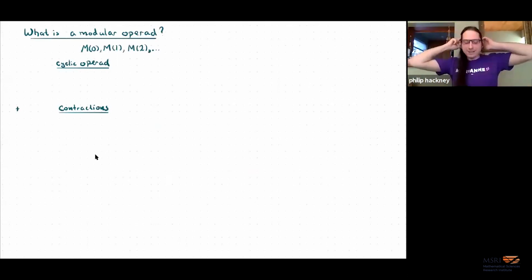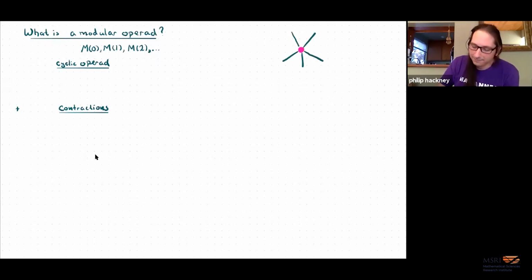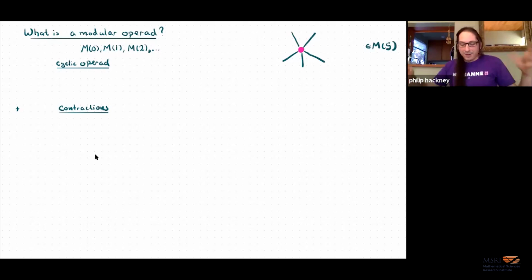Okay, so first, what is a modular operad? And this is going to be in a cartoon picture kind of way. First off, you have a bunch of objects. Let's call them M0, M1, M2. And I'm thinking about these as follows. Here's maybe how I'd picture an element in M5. I want to think about it as having several different legs that I can deal with, or 5 of them actually.